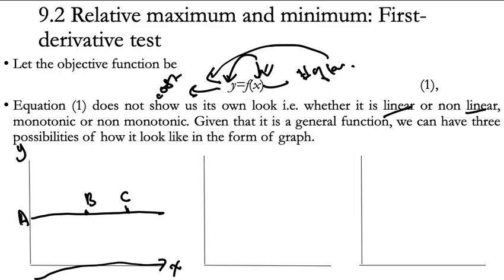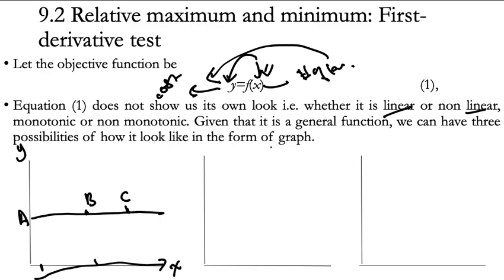In this case, can you find any choice variable x, whether x is here, here, or here, that can give an optimal value of y? Obviously no, because the y values are all the same. You don't know whether it is maximum or minimum, isn't it? So all values of the choice variable x give the same value of y.